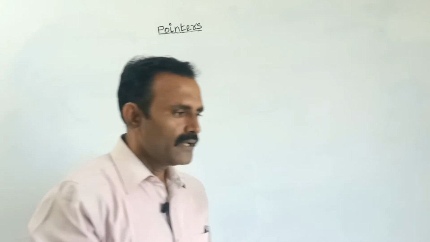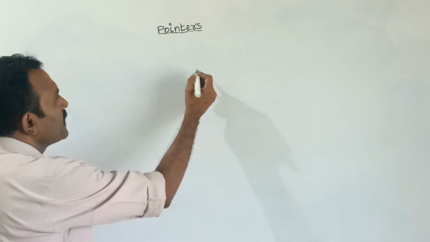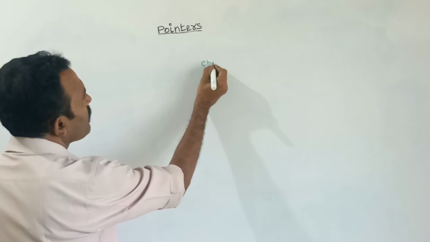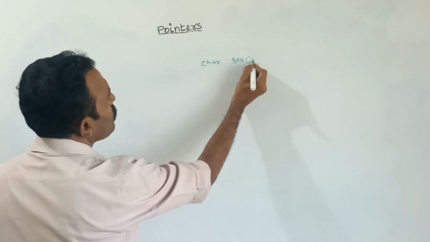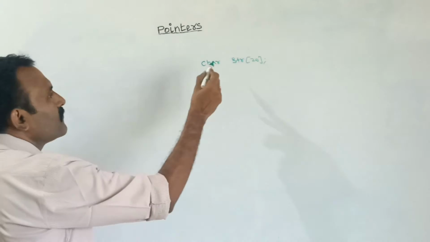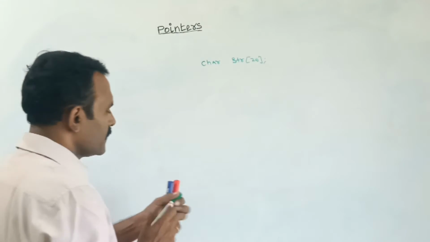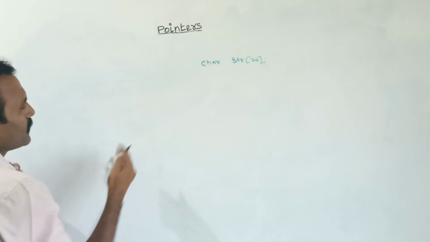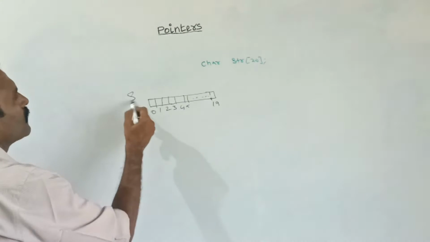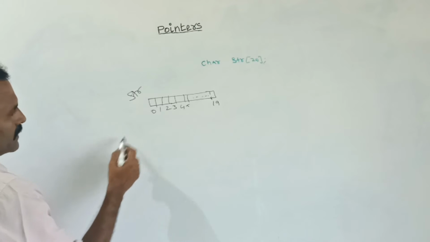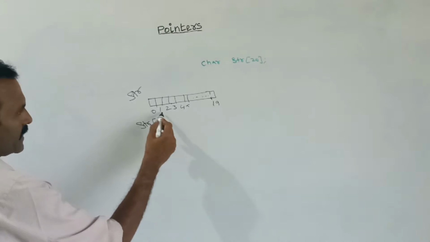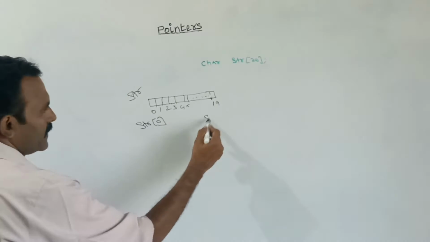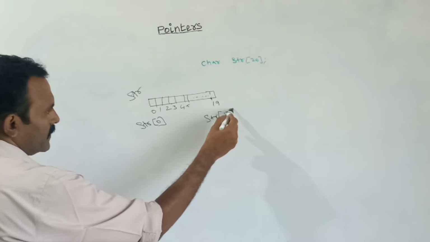For example, suppose you are declaring a character array str of 20, so for this array it allocates 20 spaces. The variable names are str of 0th position, and in the same way str of first, second, up to str of 19th location.